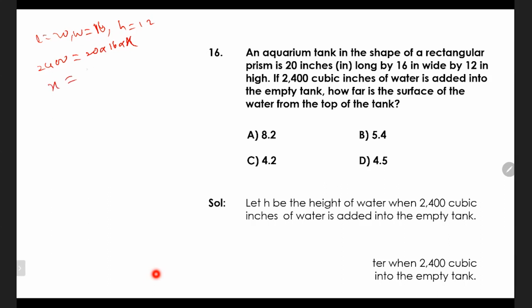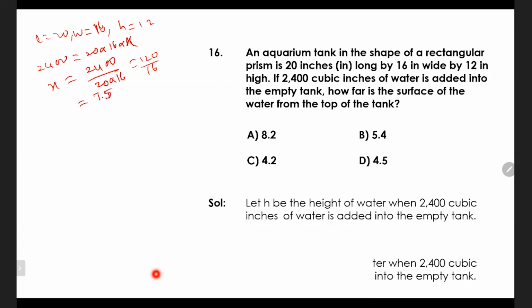So x equals 2,400 by 20 into 16. So what is this equal to? 20 means it is 120 by 16. 4 30s and 4 4s. So that is 7.5 if I'm right.